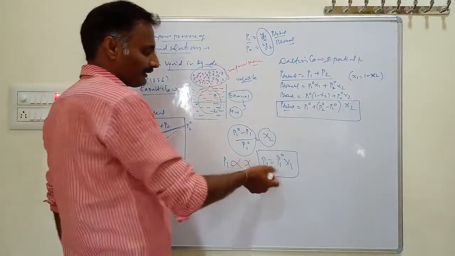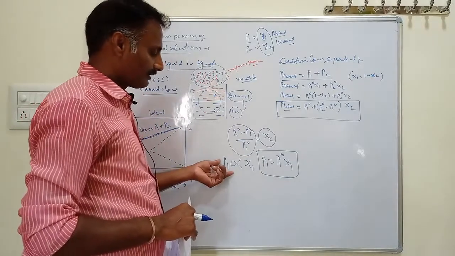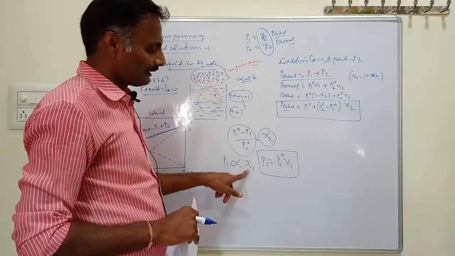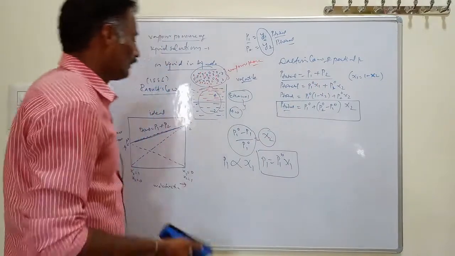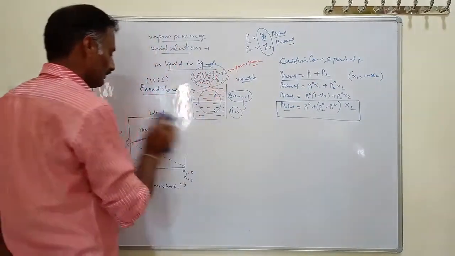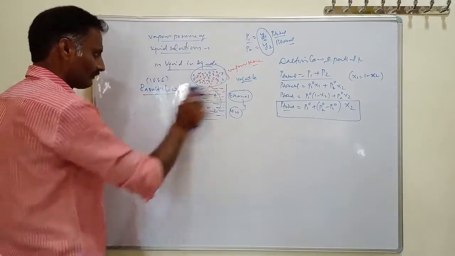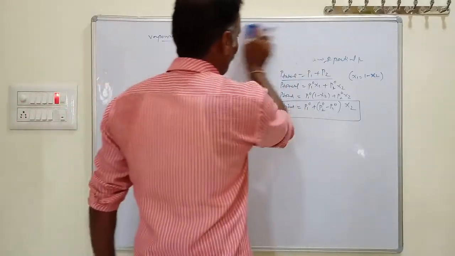This is the generalization of Raoult's law. This is about Raoult's law, and it is applicable for solids in liquids and also liquids in liquids. Then, based on Raoult's law, we have two types of solutions.